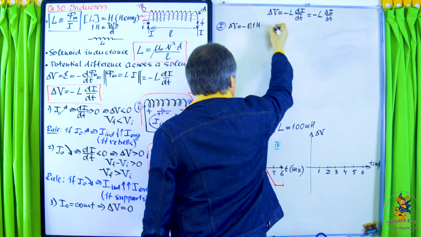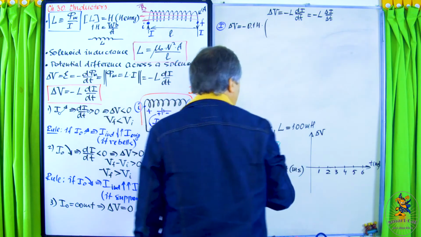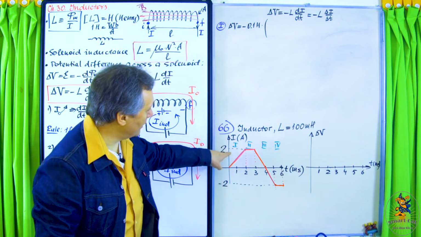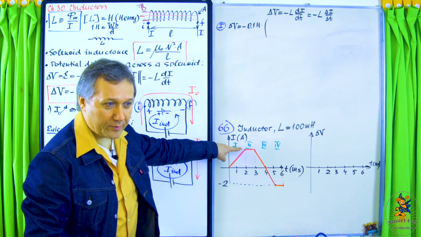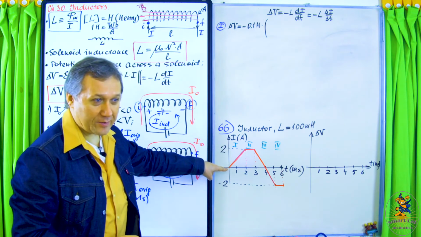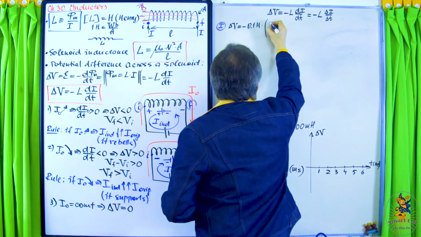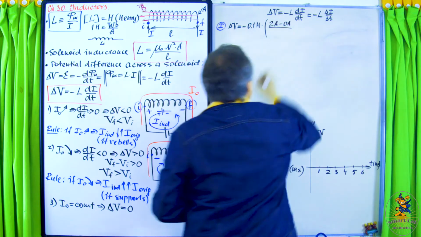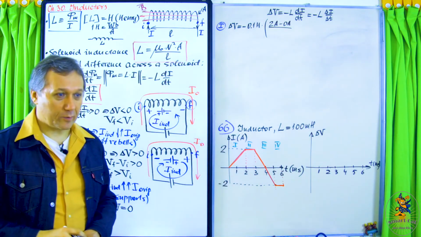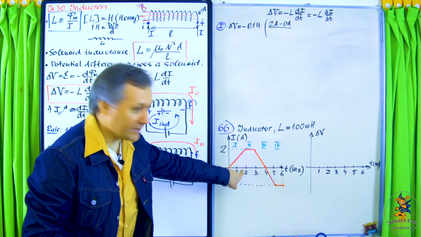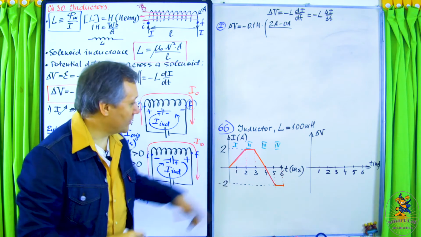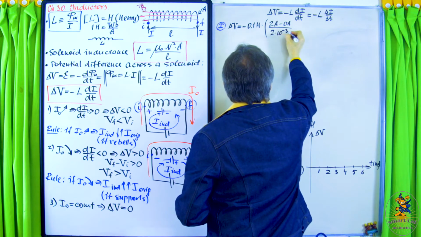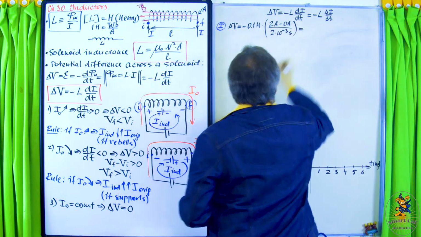And then delta I is I final minus I initial. The final value in the first region is 2 amps, and the initial point is 0 amps. So it will be 2 amps minus 0 amps, divided by the stretch of time over which it happens, 2 milliseconds, so 2 times 10 to the power of minus 3 seconds.